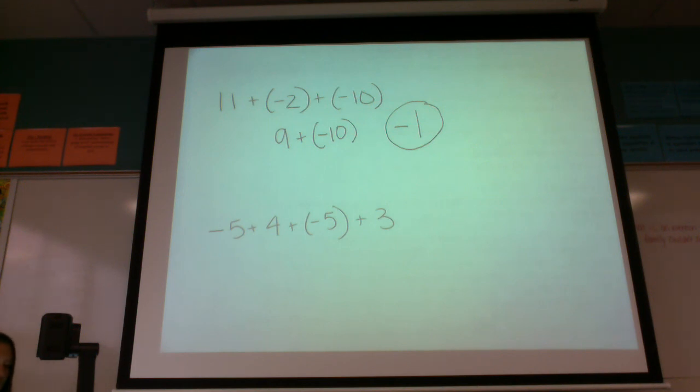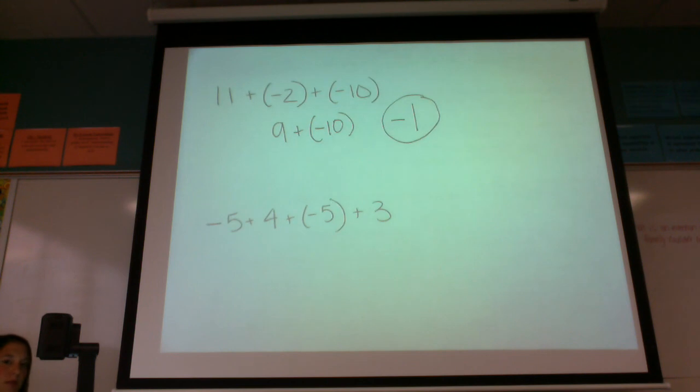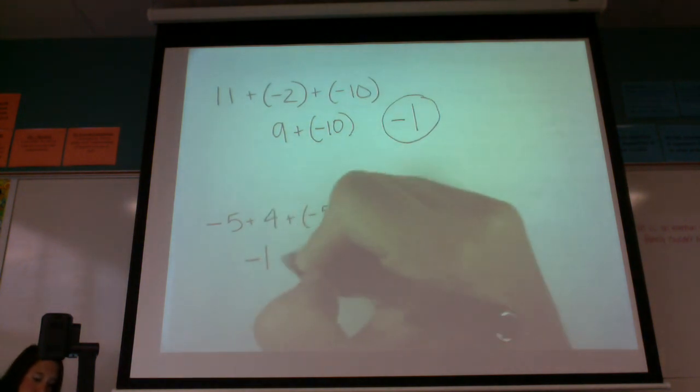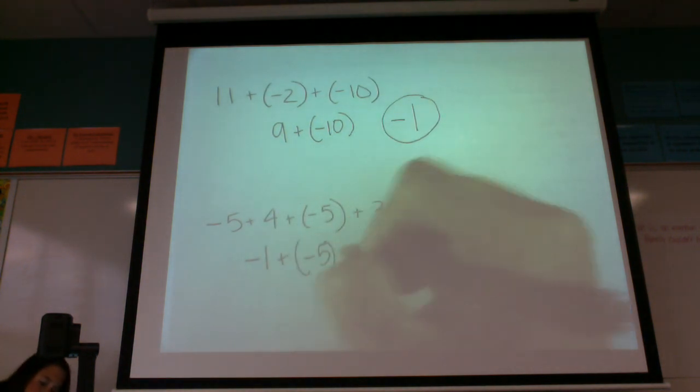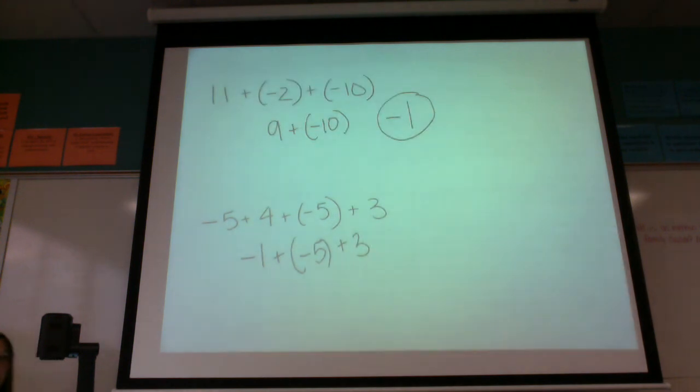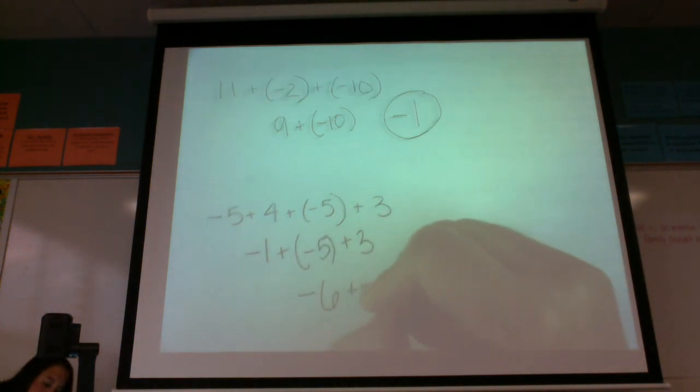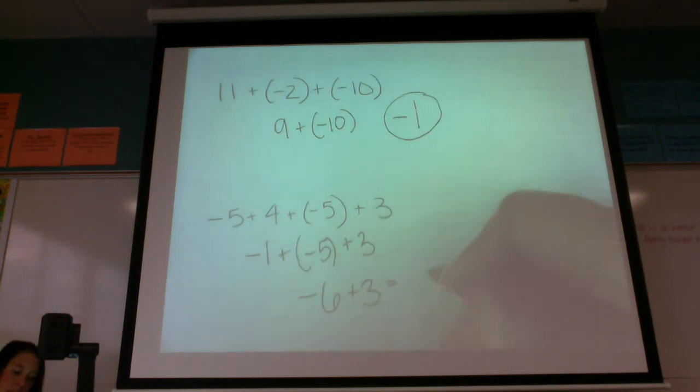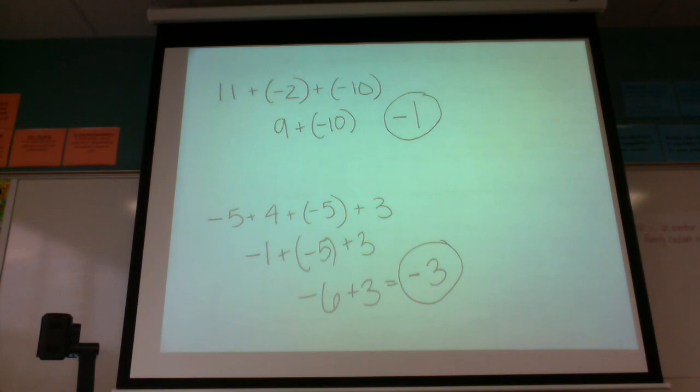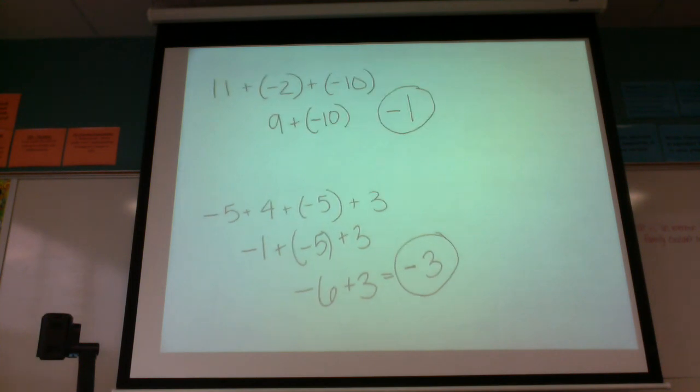All right, negative 5 plus 4, that's going to give me negative 1, plus negative 5 plus 3. Negative 1 plus negative 5, that's going to be negative 6 plus 3, which should give me, winning out the battle, a negative 3.